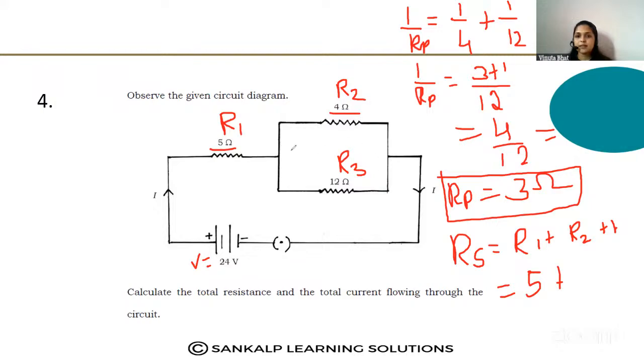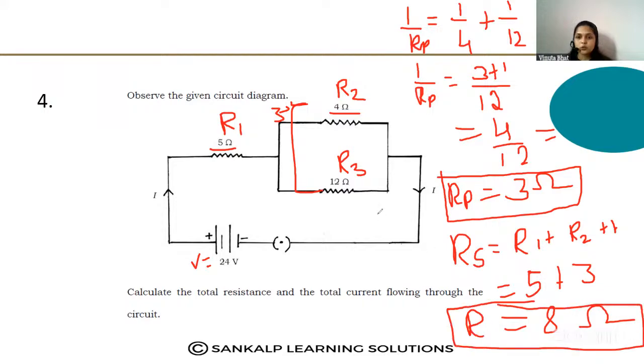So the total resistance is 5 plus 3, that is 8 ohm. What is the total resistance? That is 8 ohm.